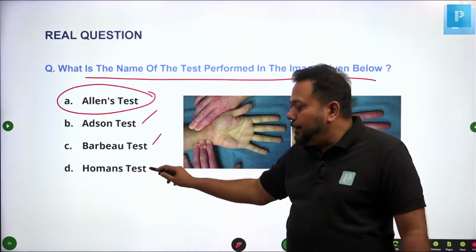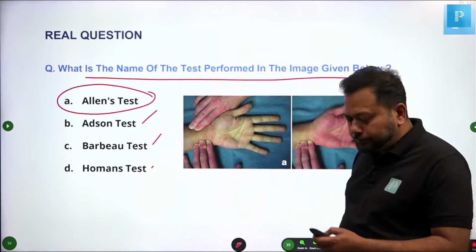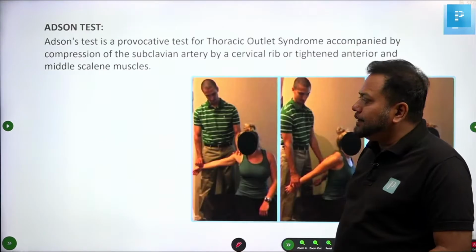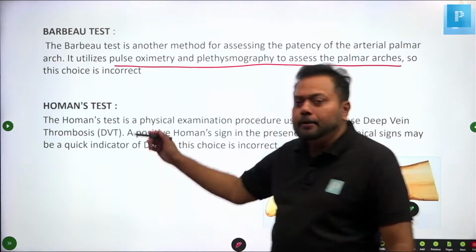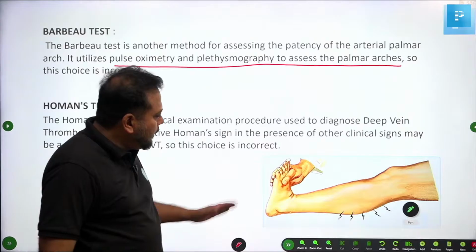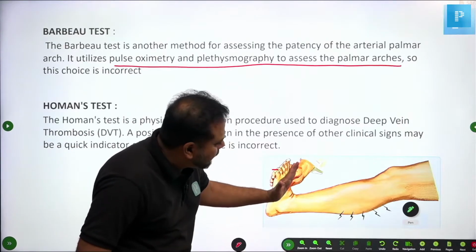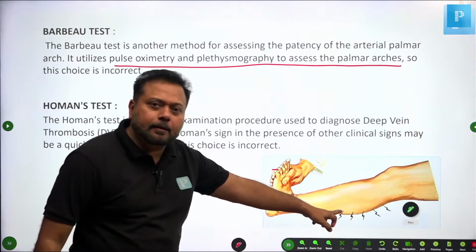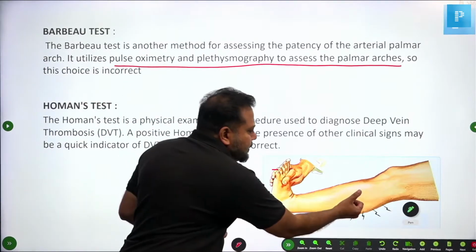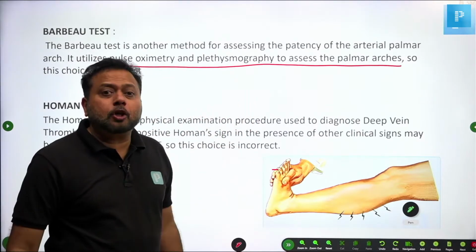Barbeau's we had explained. Then comes Hohmann's sign. Hohmann's sign is seen in deep vein thrombosis. There are two signs in deep vein thrombosis. One is dorsiflexion of the foot causing pain in the calf muscle. This is Hohmann's sign. When you squeeze the calf muscle, it causes pain. That is called Moses sign.